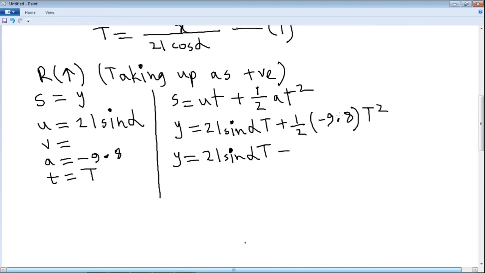If we simplify this, we will get minus 4.9 t square. Now substituting equation 1 here.